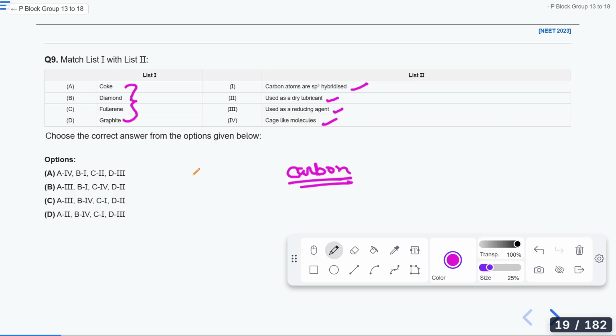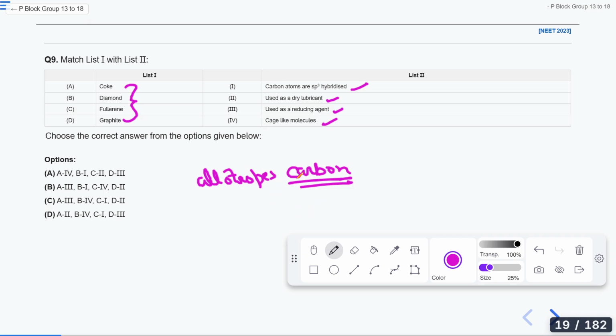Have you heard the term allotropes? Allotropes. So they all are the allotropes of carbon. Yes, they all are allotropes of carbon.